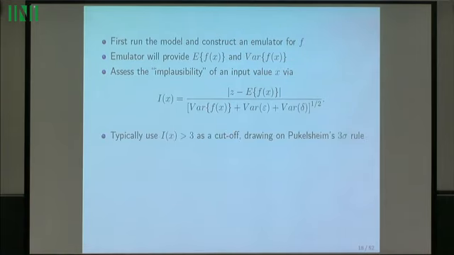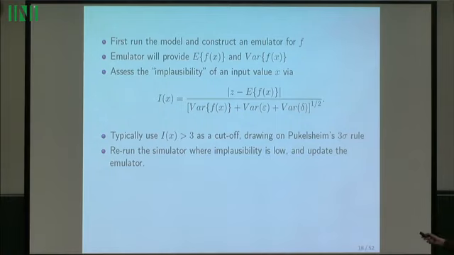Typically, if you see an implausibility greater than 3, that's taken as a threshold, and that's justified by Vysochanskij-Petunin's 3 sigma rule, which I think says if you have any unimodal distribution with a finite variance, then 3 sigma will give you plus or minus 95% of the mass. Sometimes you can be a bit more conservative than that, but it's a guide.